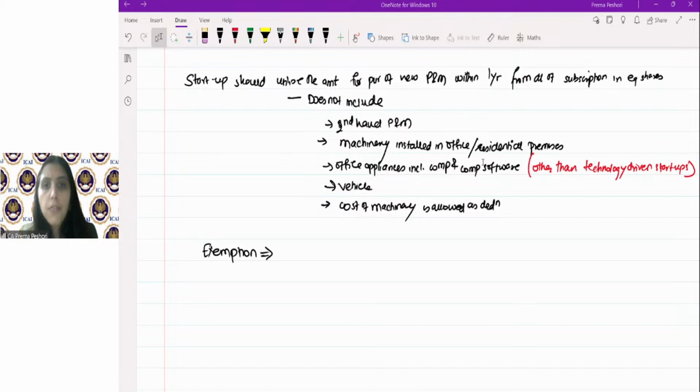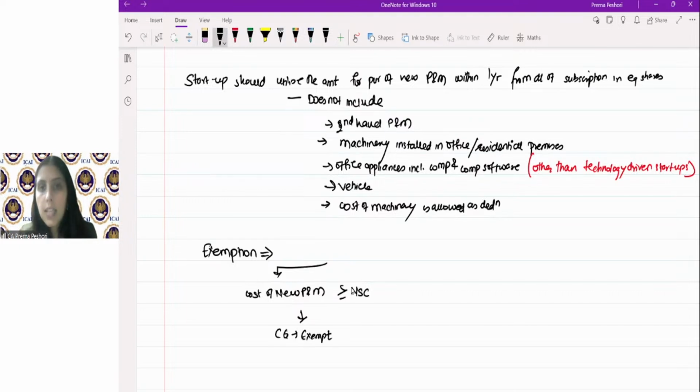If the cost of new plant and machinery is greater than net sale consideration, then capital gain is exempt.